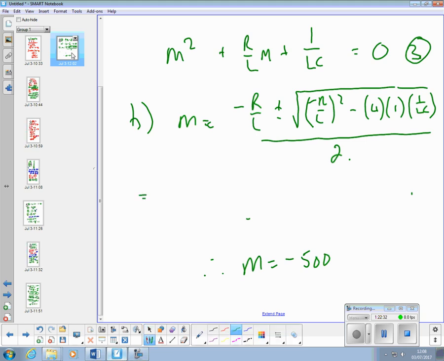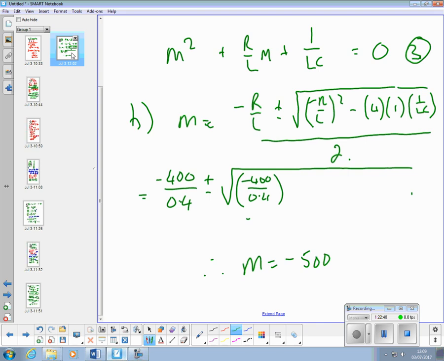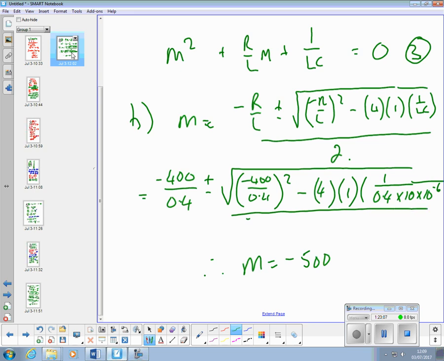We've got equals plus or minus square root of minus 400 over 0.4 squared, minus 4 times 1 times 1 over 0.4 times 10 times 10 to the minus 6, divided by 2, because a is 1.